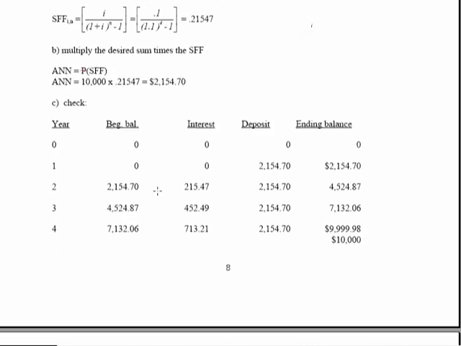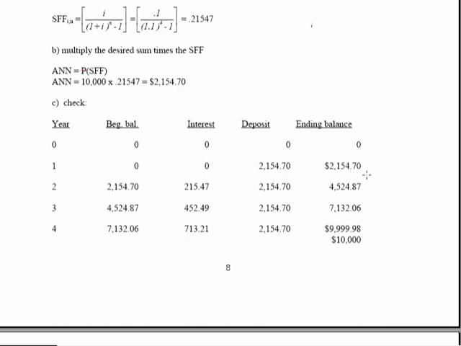And here's a check on the calculation. We start out with 0 in our account, and at the end of the first year we're going to deposit $2,154.70. So at the end of the first year we have $2,154.70 because we just deposited it.